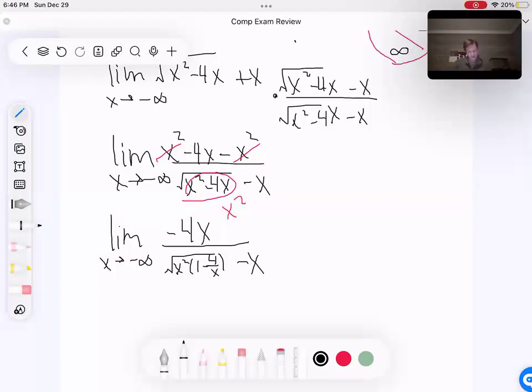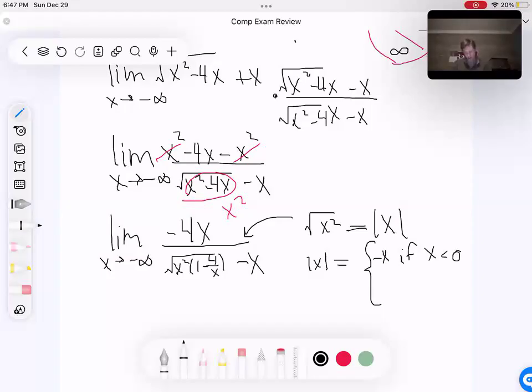And we know that the square root of x squared is the same thing as the absolute value of x, so we can use this to make a substitution. However, absolute values are kind of nasty to compute, so we can use the definition of an absolute value. This is equal to negative x if x is less than 0, and x if x is greater than or equal to 0.